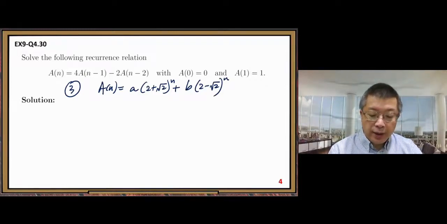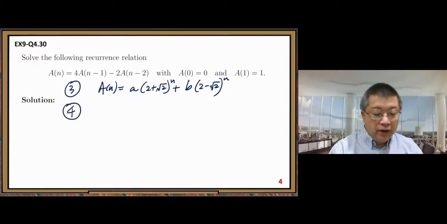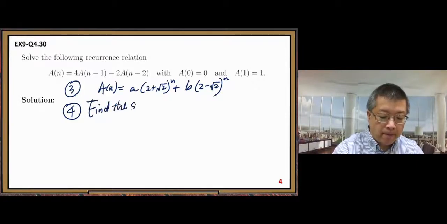Then step 4, find a and b using initial condition. Find the solution.